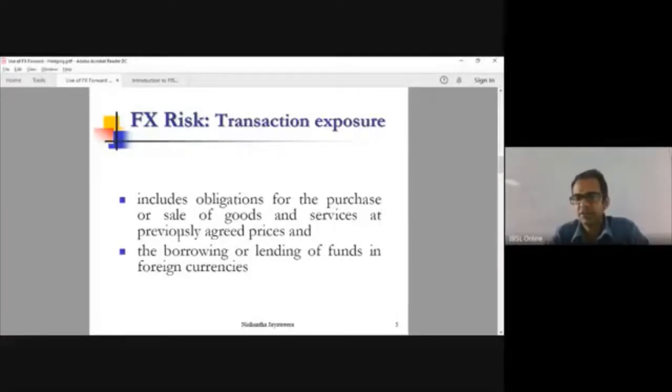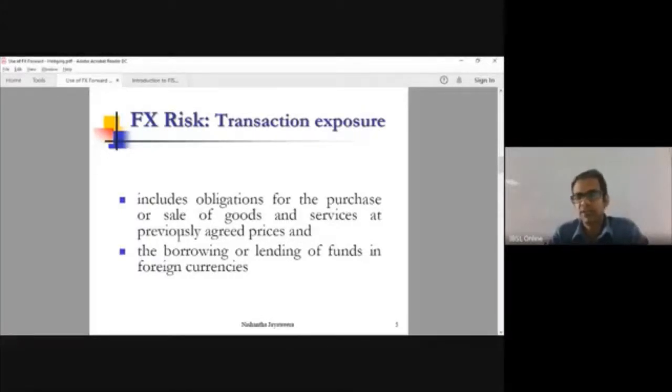Say you entered into a transaction to borrow $1 million today. You may get the cash flow in 1 week's time. During that time, the exchange rate may vary. You may want to convert those dollars into rupees. What is the amount in terms of rupees that you get?